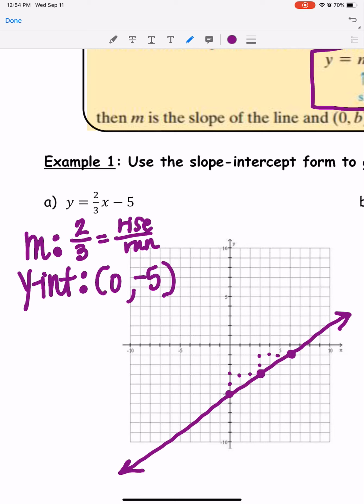Now we kind of talked about this last lesson, but remember, it doesn't matter really what direction you go in. So we could change this 2 over 3 to become -2 over -3, because negative over negative gets me back to this positive. So from my y-intercept here, we could have went down 1, 2, and then ran 1, 2, 3, and then did it again, 1, 2, ran 1, 2, 3.